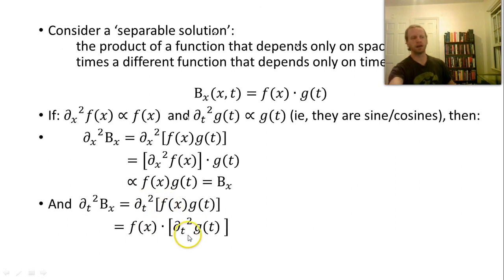Then again, this will be proportional to g itself. So both of the derivatives will be proportional to the original functions, each with its own constant. Again, this is another one that you may want to watch two or three times to fully see what's going on, but the importance is that the second derivative matches the original function times a constant.